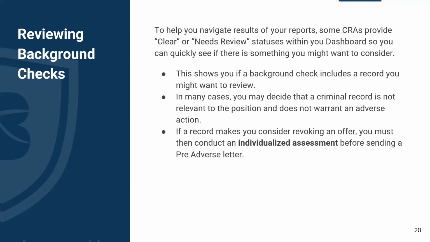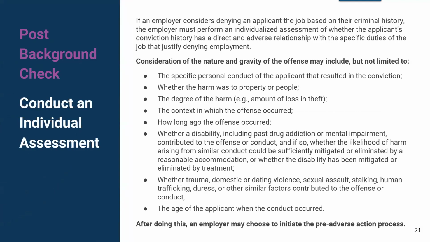Now, if a record makes you consider revoking an offer, you must conduct an individualized assessment before sending out that initial pre-adverse letter. So if, as an employer, you're considering denying an applicant a job based on the criminal history, you must perform this individualized assessment and consider the nature and gravity of the offense. Now, here's some things for you to consider.